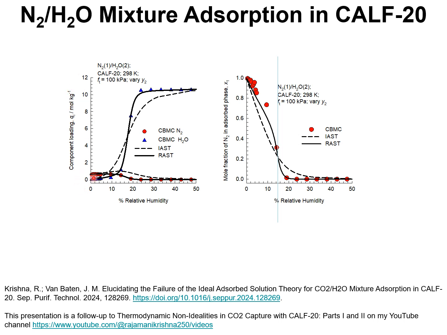I plot here the component loadings for water, blue triangles, and nitrogen, red circles, as a function of the percentage relative humidity. We note again, just as in the case of CO2-water adsorption, the configurational-bias Monte Carlo simulation data shows significant deviations from the predictions of the ideal adsorbed solution theory.